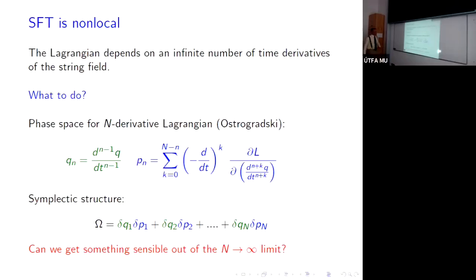Once you derive the coordinates and momenta, the symplectic structure is just given by delta p, delta q, for 1, 2, 3, up to capital N, and that's your symplectic structure. So one can think, maybe we can do this in string field theory by taking N goes to infinity.